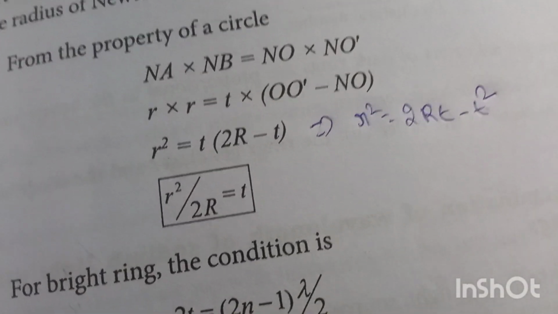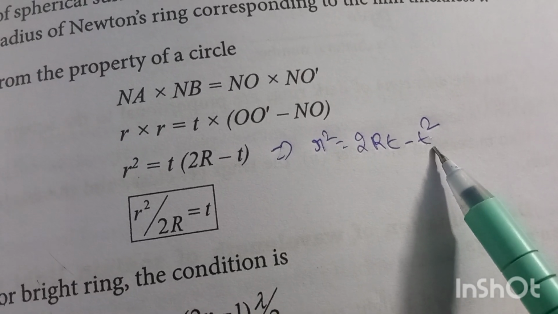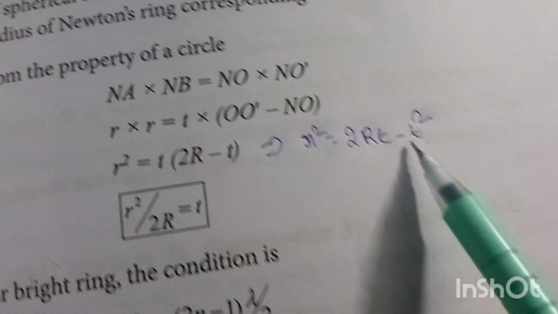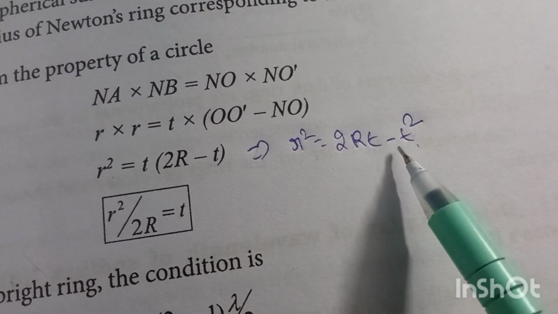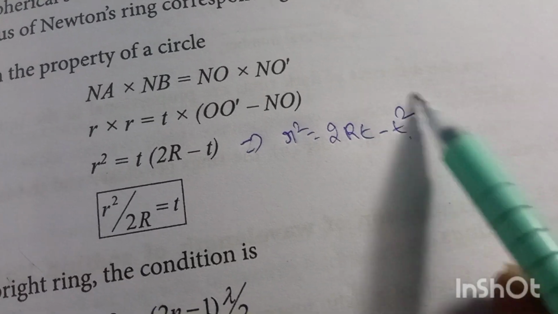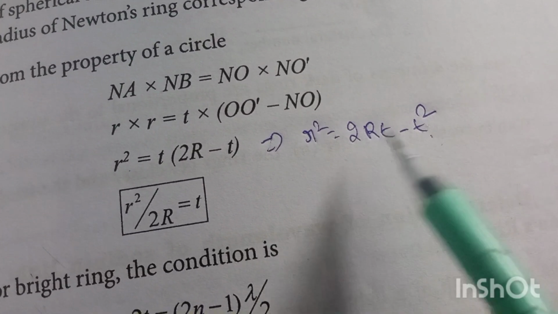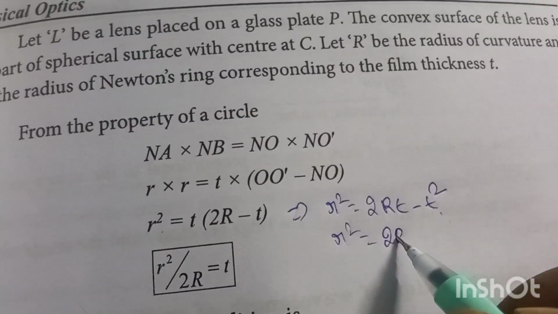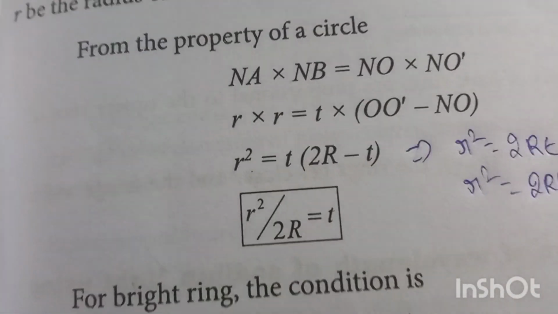But t is a very small value, so t square is also very small: if t is equal to 0.1, t square will be 0.01. That's why we can neglect the negative term. So we get r square is equal to 2Rt only, which means t is equal to r square by 2R.